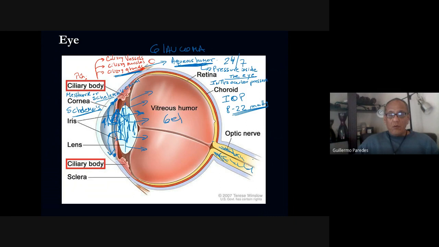So this strangulation or mechanical pressure caused by the increase of the intraocular pressure is going to be pressing the optic nerve at its entry. And what happens? One by one, the nerve cells are going to start dying, and dying, and dying. And that is going to produce a progressive loss of vision, and that is irreversible.